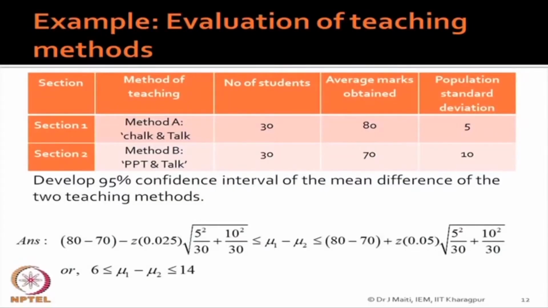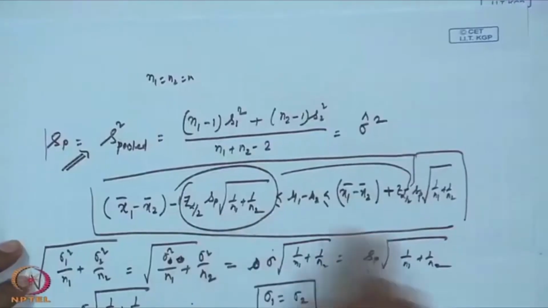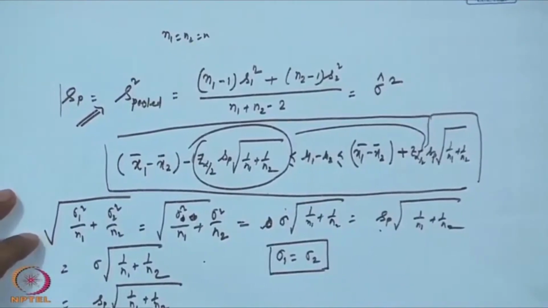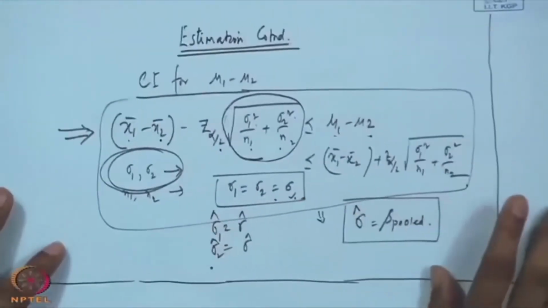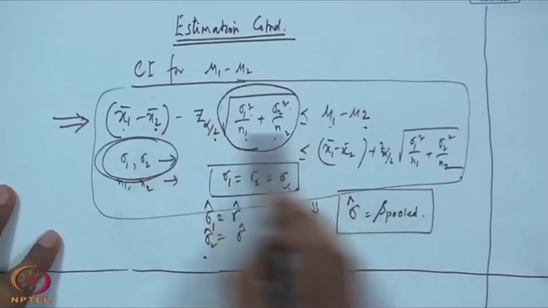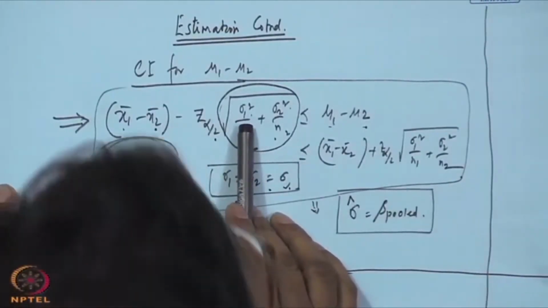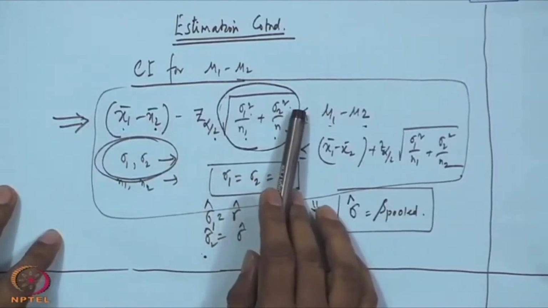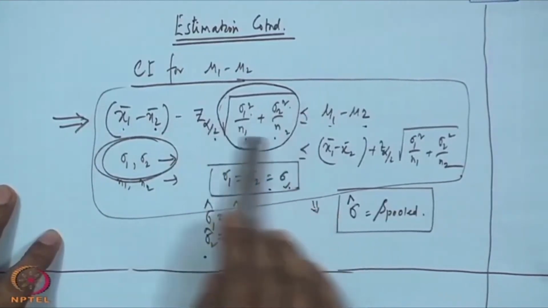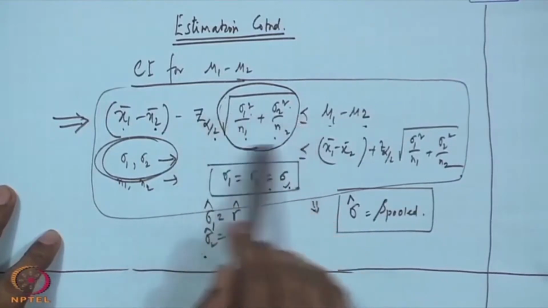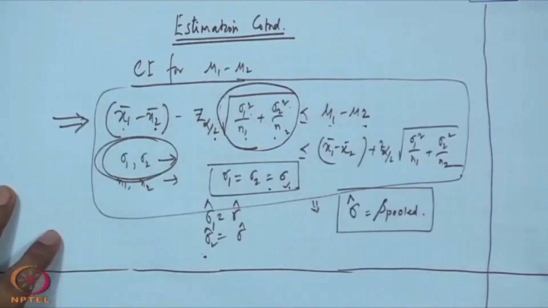Then if I ask you when you will use this formulation or the other formulation: first, this formulation Z, from a normal population, sigma 1 and sigma 2 known, irrespective of the sample size. If sigma 1 and sigma 2 are not known and the sample size is large, you use this distribution. Okay.